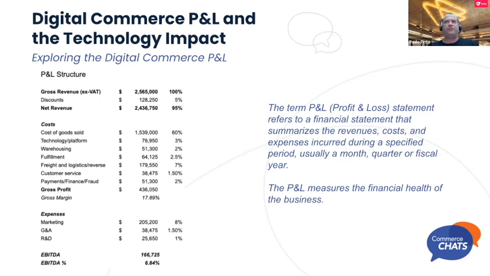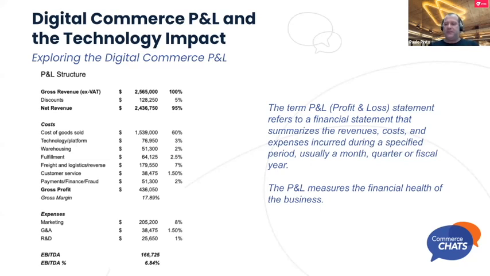The P&L comes from profit and loss. It's a financial statement that shows us the revenues, the costs, and the expenses of a certain business. It's usually for a specific period, so you can have a monthly, quarterly, or the whole year P&L.